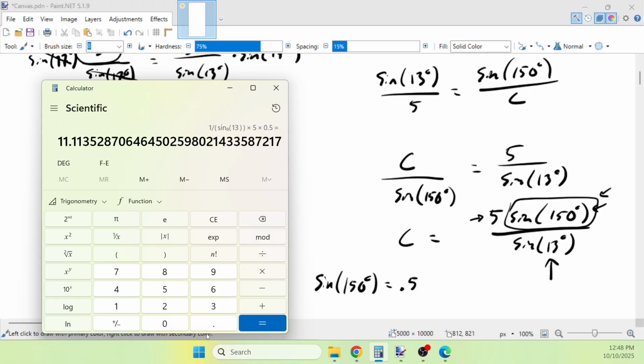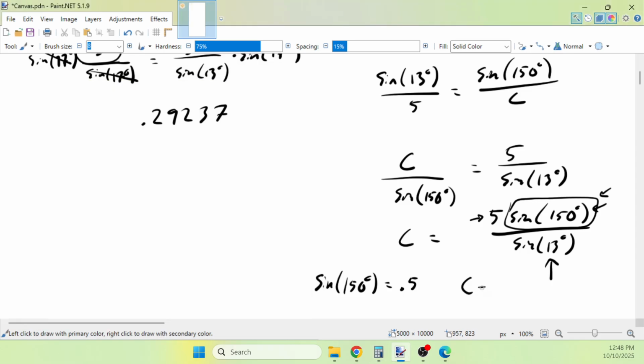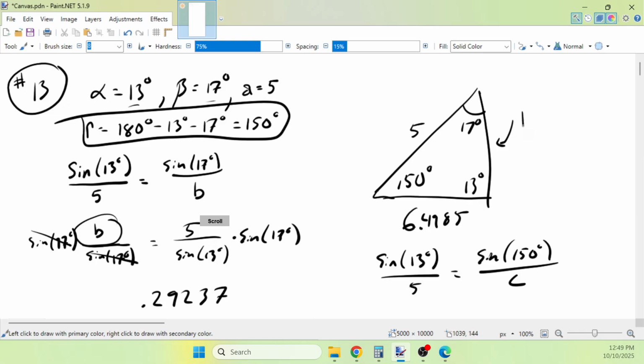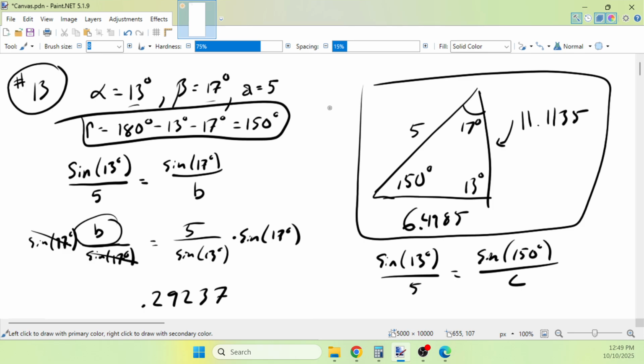I get 11.113. That is C. This triangle is now solved.